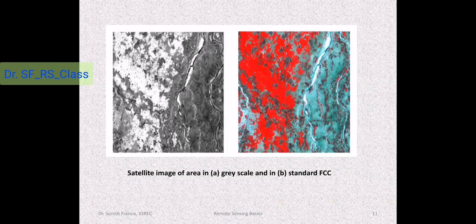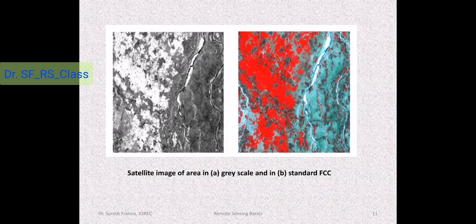So you can see here two images: a black and white, or panchromatic, image, and a multispectral image where you can see the objects. You can see a river flowing on the right side, and water body and sand deposits along the coast, and the vegetation on the left side, and how it is represented in gray tone and in the false color composite.